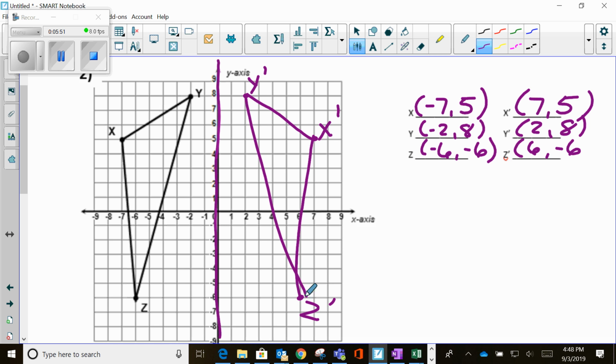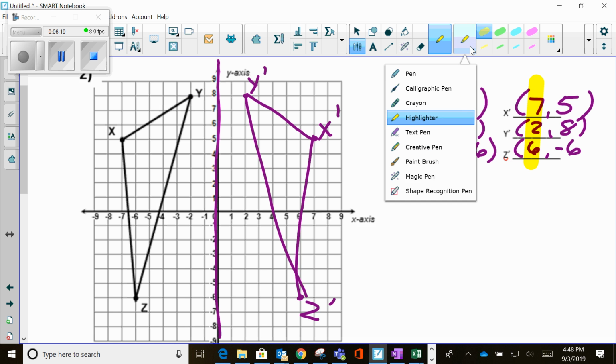Now we're going to look at these points again, and we are looking for similarities and differences. What we can see is that the y-coordinate stayed the same this time because they stayed along that same y plane. What changed is our x values. We went from negative x values to positive x values.